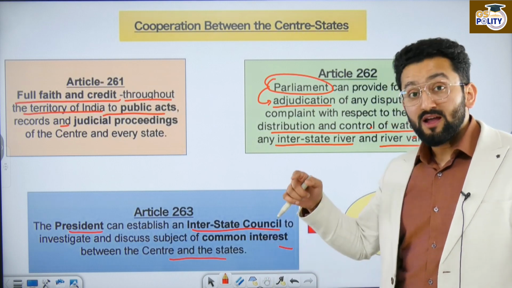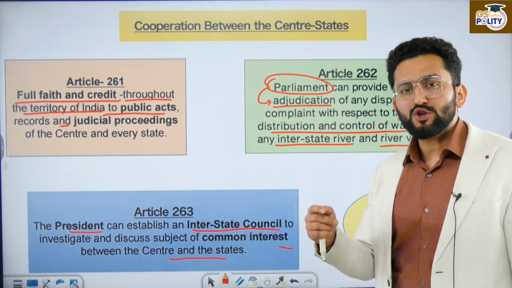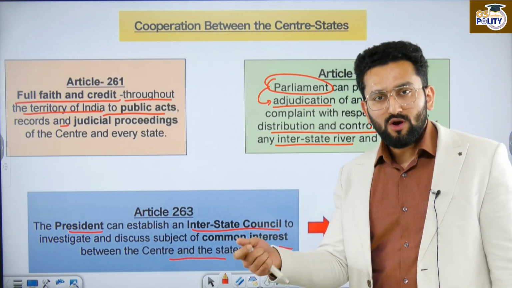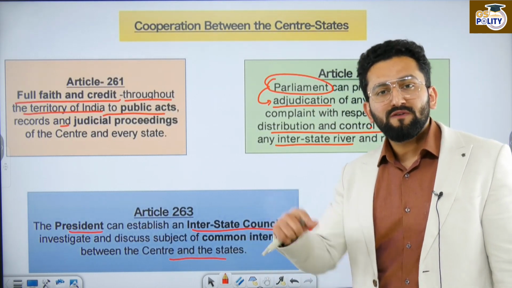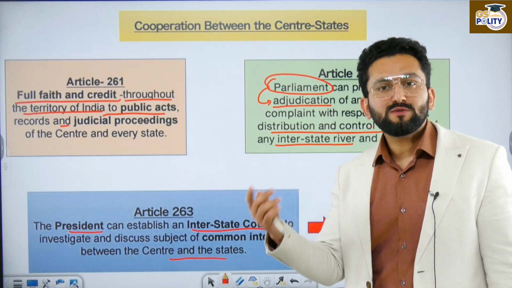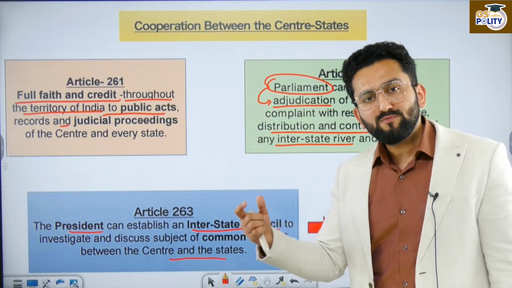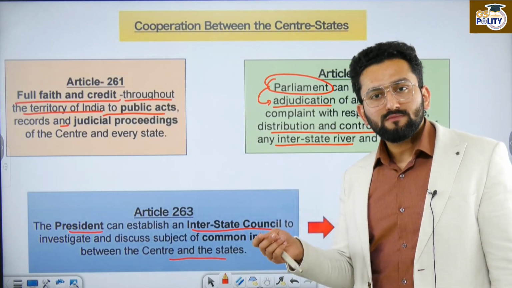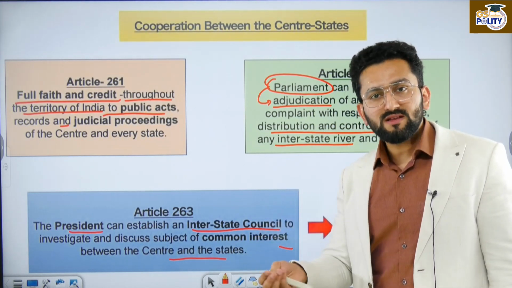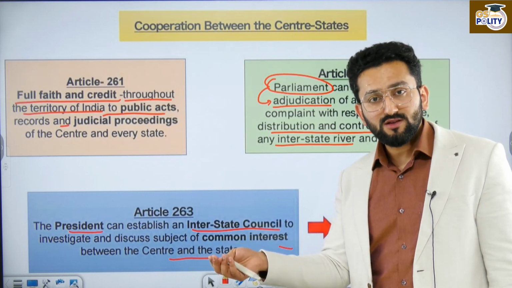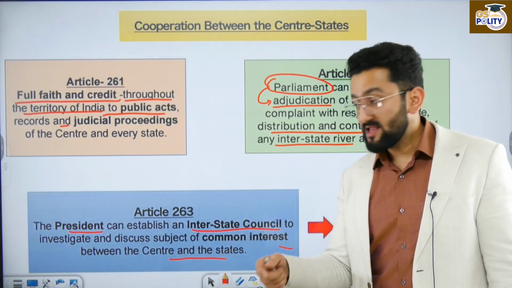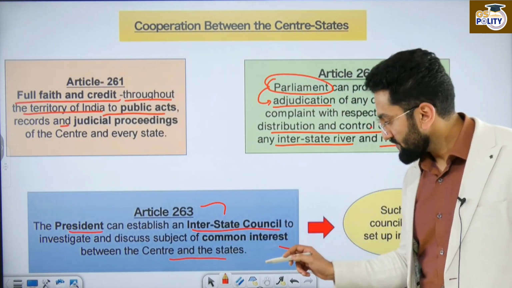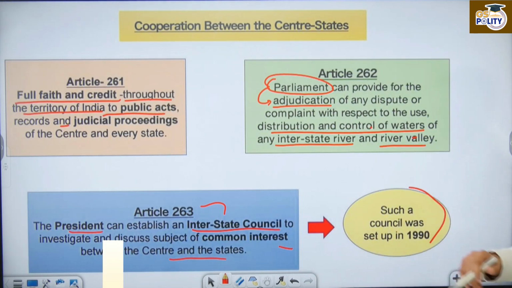So in an interstate council, there can be a possibility that two states are having opposing views on a particular point. Before it becomes an open dispute, it can be resolved with proper talk and coordination, arriving at a particular decision and then executing that decision. So you need a delegated body for that, and that body is the interstate council. Okay, such a council was established in 1990.